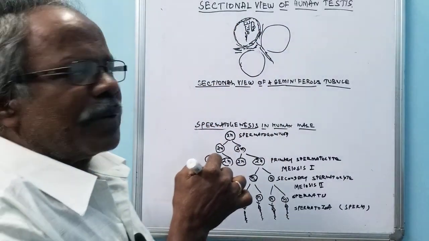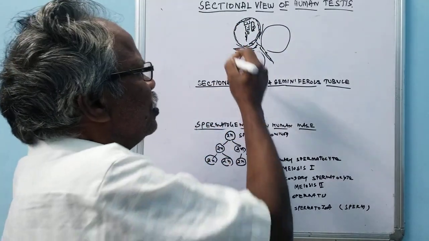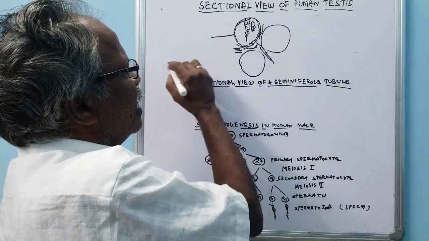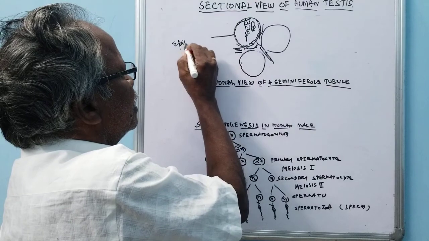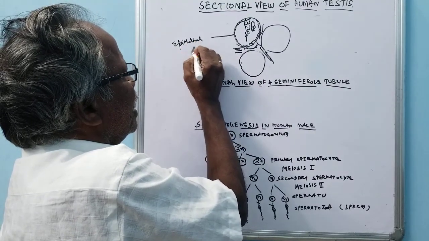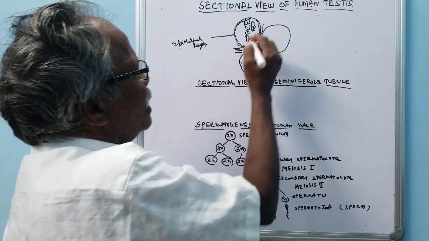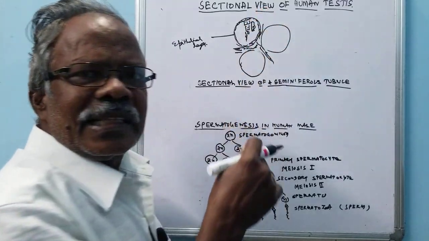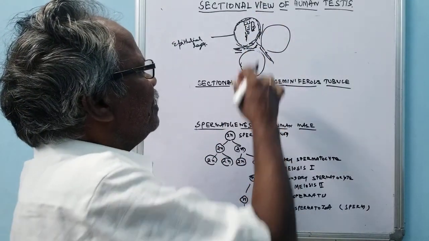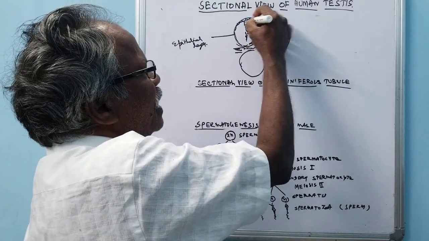Here we can see the actual sperm formation. The outermost layer is the epithelial layer, and then innermost, inside the seminiferous tubules, we can see the primary spermatocyte.